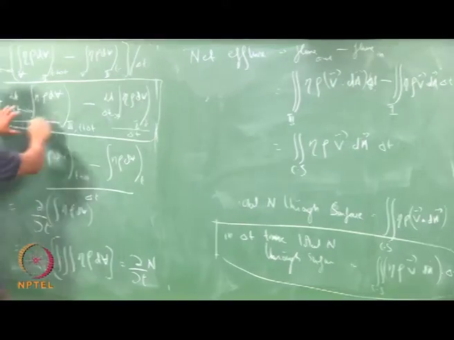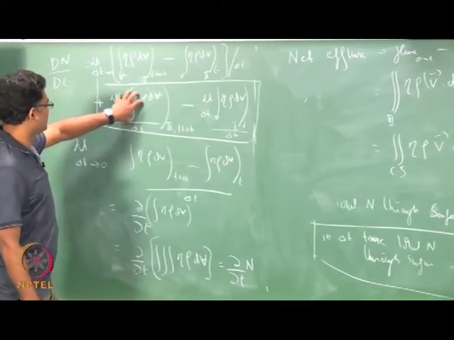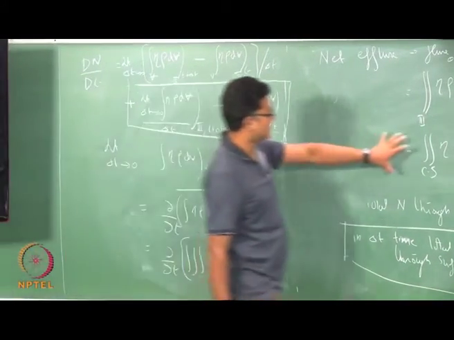So, the second and third terms in the right hand side of the original equation are now equated to the net flux.